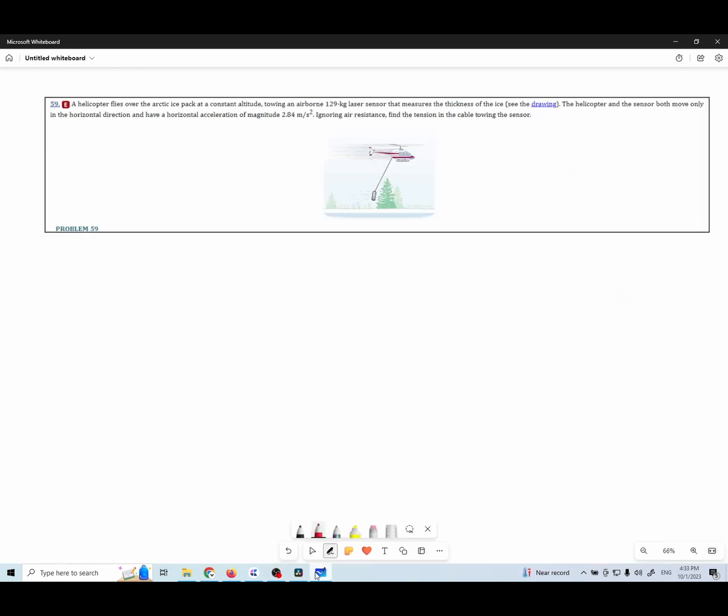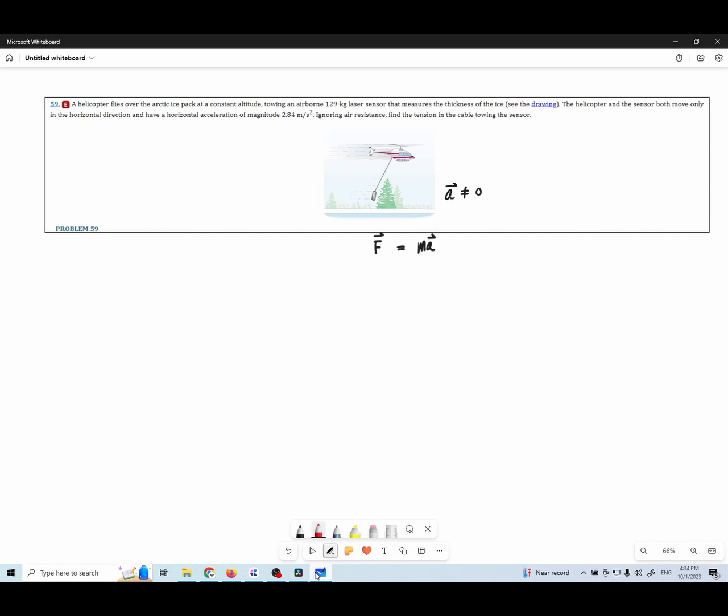In problem 59, we again have a helicopter, but this time the m is the pod, so you actually want to ignore the helicopter and focus on the pod. The pod is moving with an acceleration of a, which is possible if and only if there is a net force F acting on the pod.